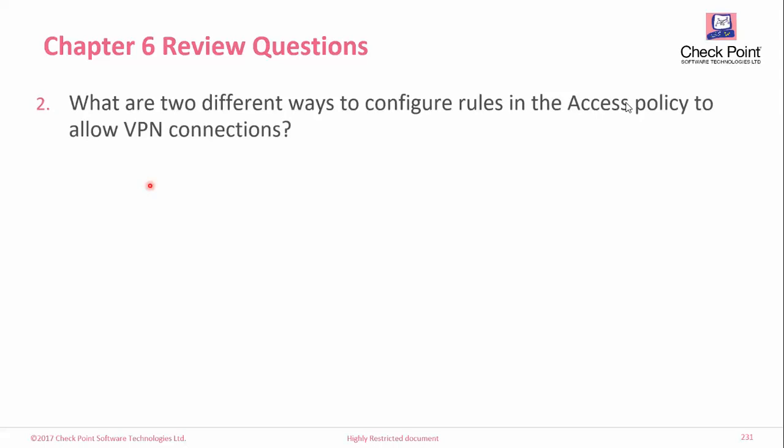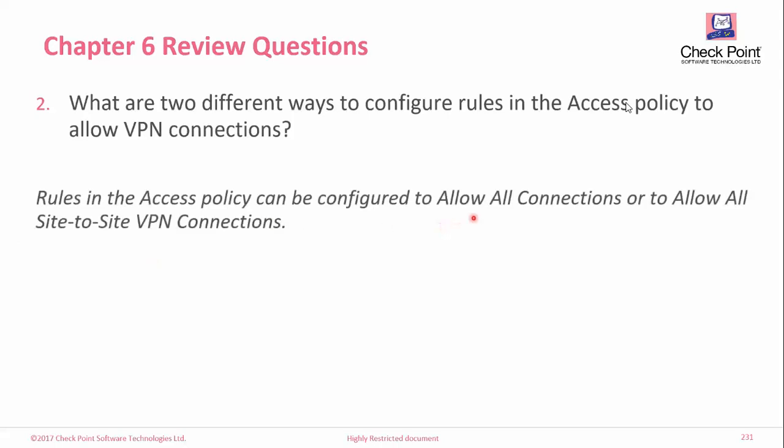Or HTTPS it would be. What are two different ways to configure rules in the access policy to allow VPN connections? You can have the allow all connections or to allow all site-to-site VPN connections. And again, all these questions are at the end of your chapters. The answers will be at the very end of your student manual.